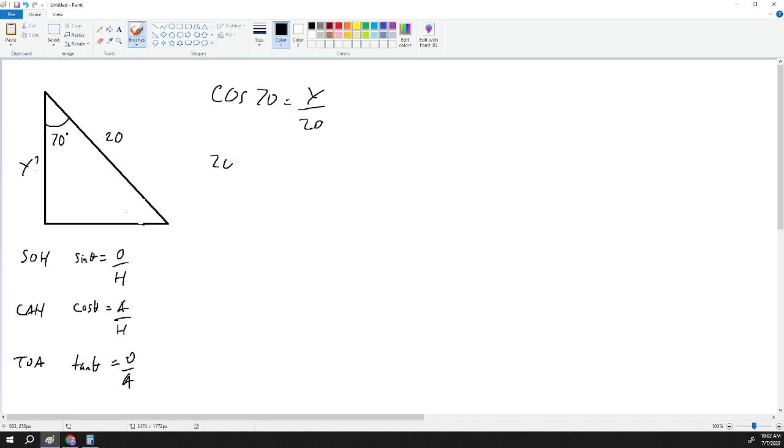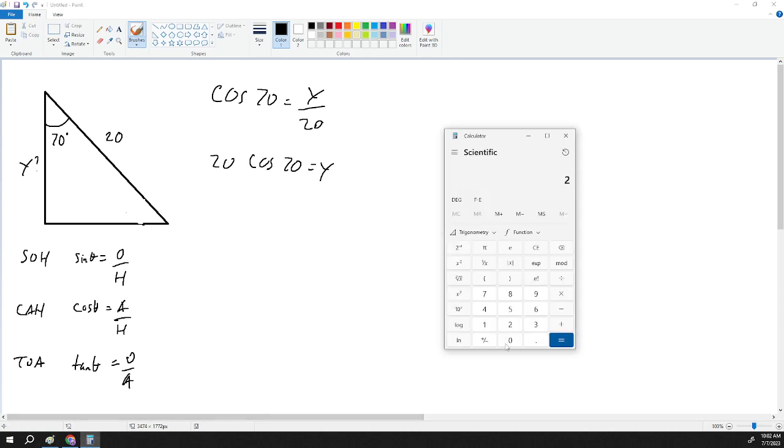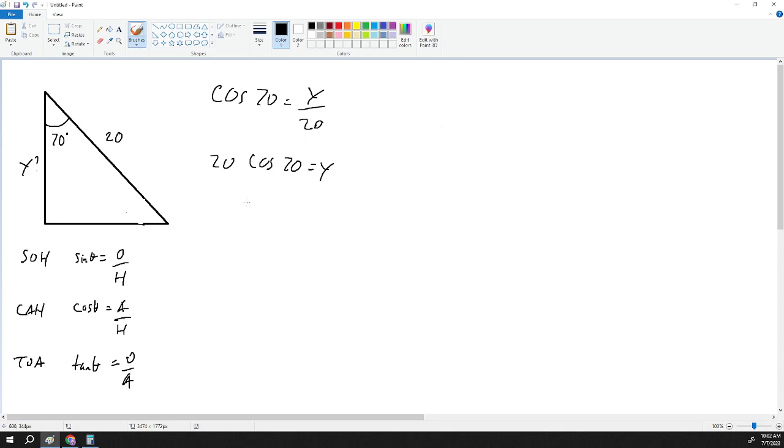Multiply both sides by 20. And the answer to this would be 20 times cosine of 70, which is 6.84. Right? Okay. Mukhang naalala niyo naman.